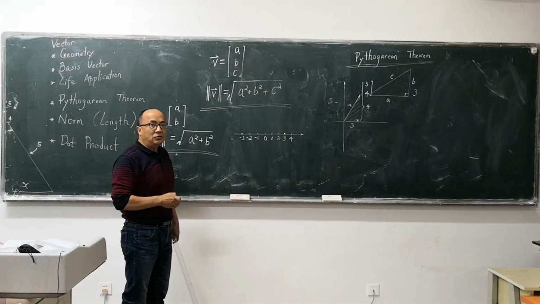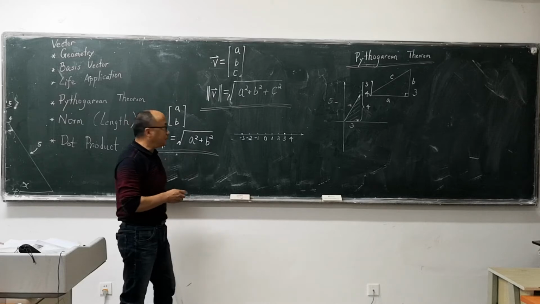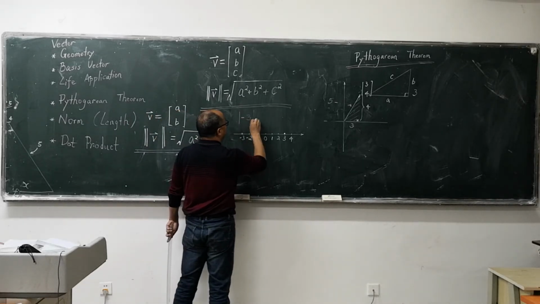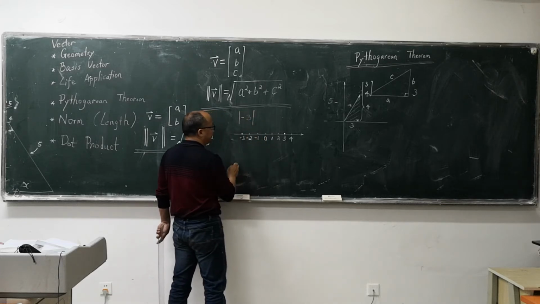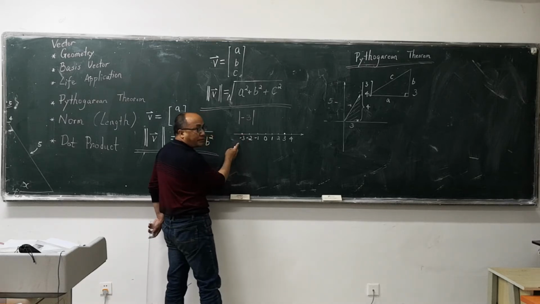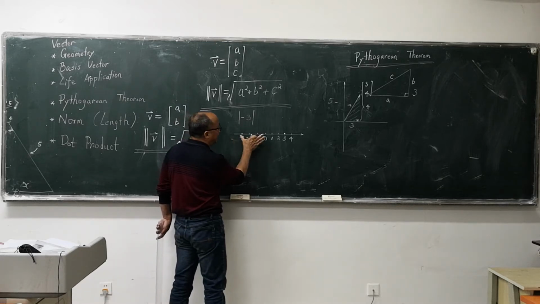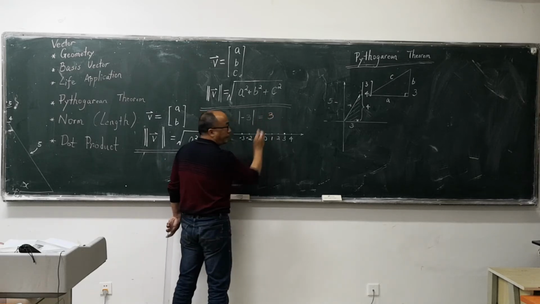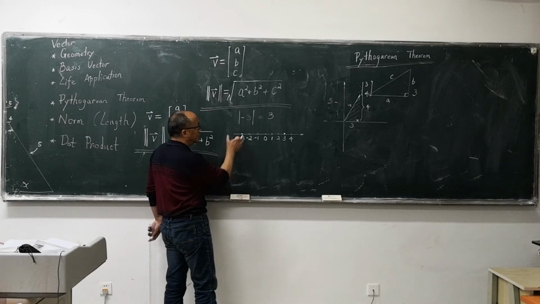But the absolute value, what is absolute value? Absolute value is its distance to the origin. From here is minus 3, but the distance from here to here is what? Is 3. Okay.